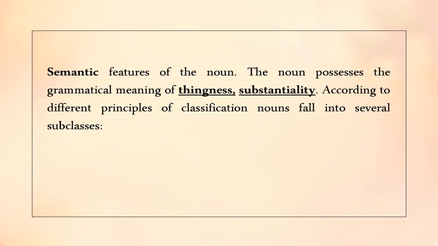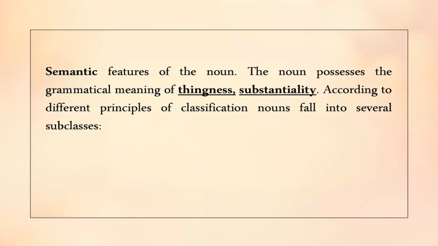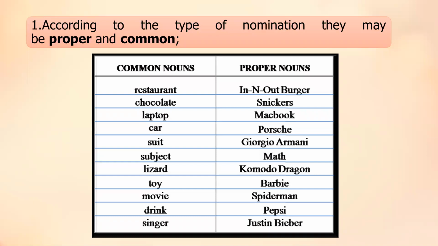Semantic features of the noun: nouns possess the grammatical meaning of thingness, substantiality, and according to different principles of classification, nouns fall into several classes. Using grammatical criteria, two general subclasses of nouns can be defined: proper nouns and common nouns.